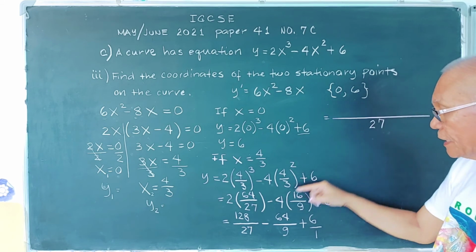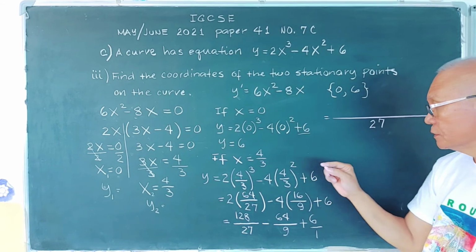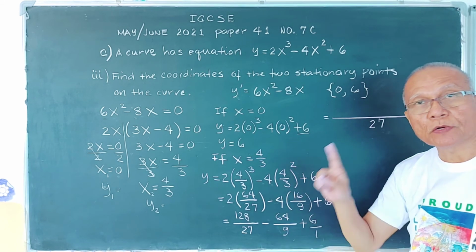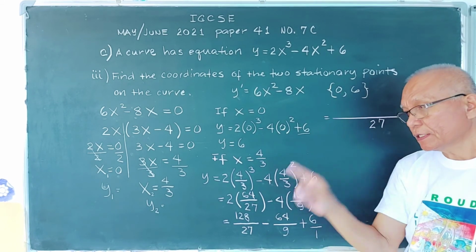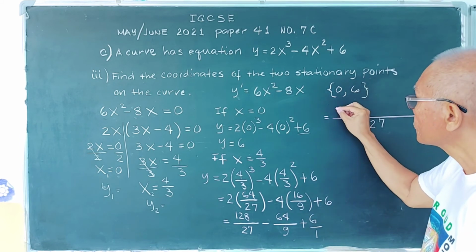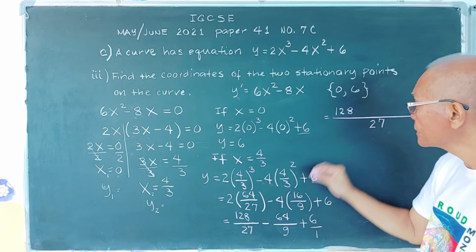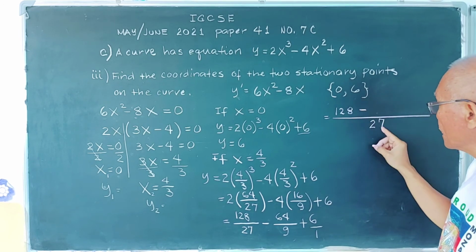Okay, we divide and then multiply. 27 divided by 27 is 1. 1 times 128 here is 128. Minus, copy the minus here.